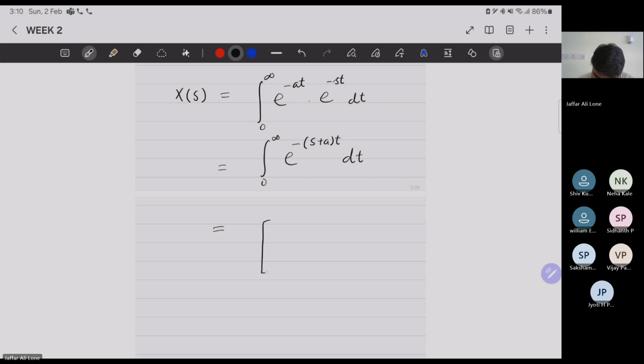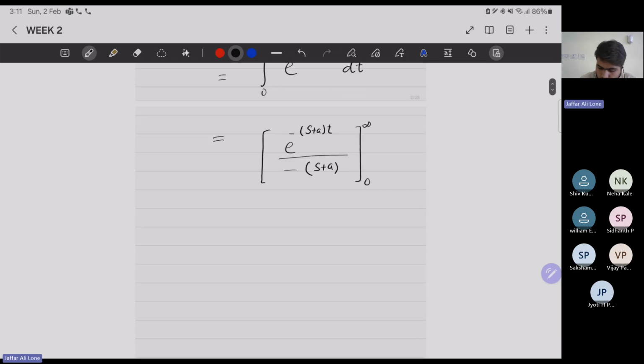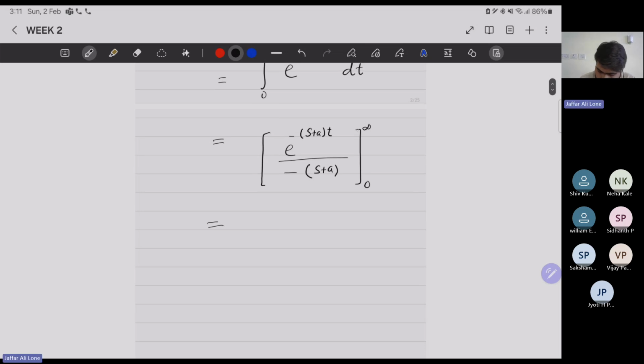So that will be e raised to the power minus (s plus a) into t divided by minus (s plus a), with the limits 0 to infinity. If you put the limits, the first term will be 0, because when you put infinity, it will tend to 0, and the second term will be 1. So finally, what you will get is 1 divided by s plus a.